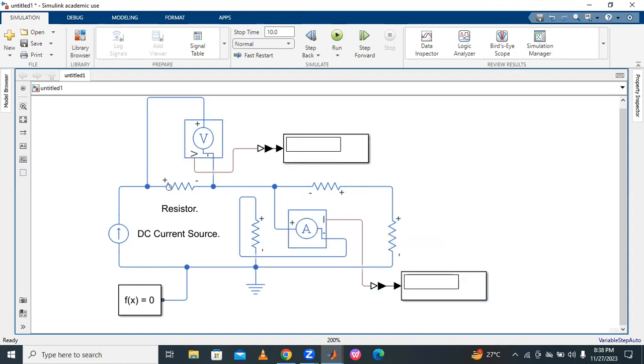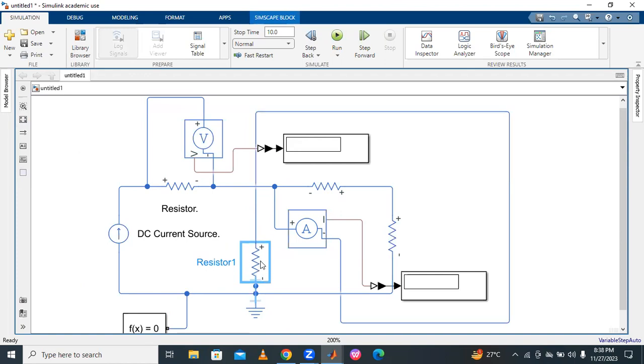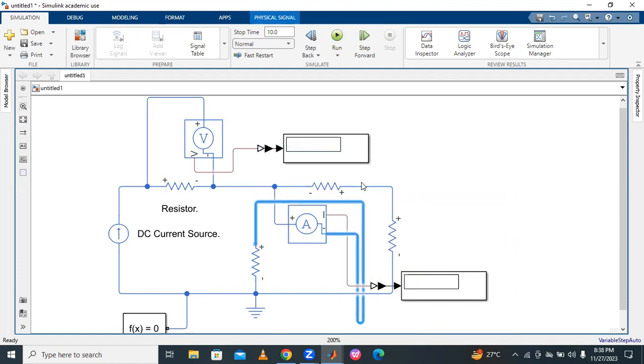So the voltage sensor is connected exactly in parallel to this resistor, and to display the voltage a display is connected using a PS-Simulink converter. Similarly, this current sensor is connected in series like an ammeter. Understood? And then connect.